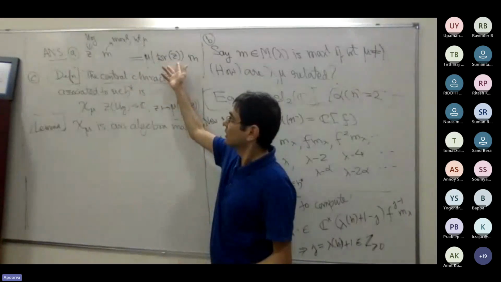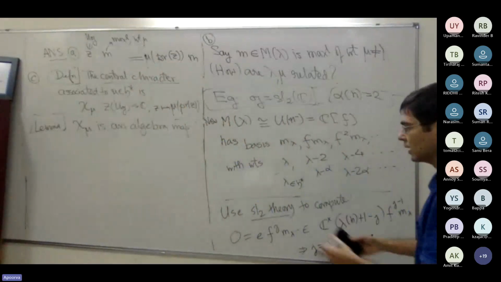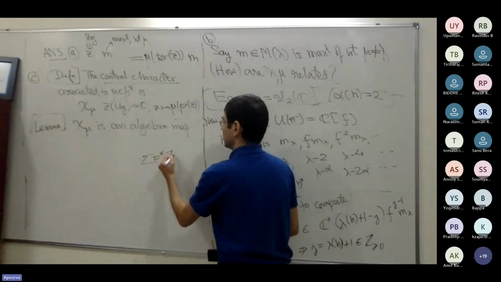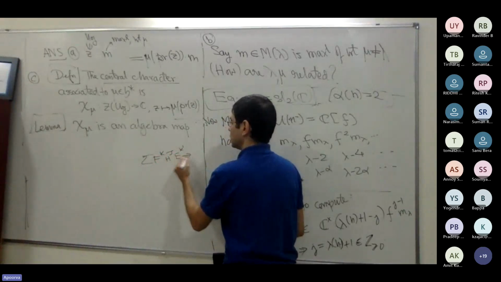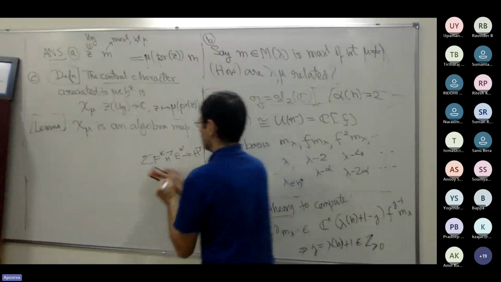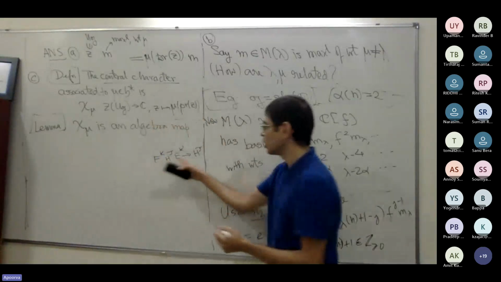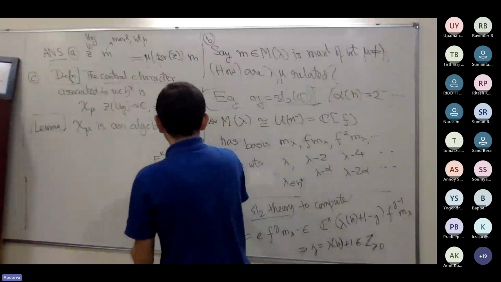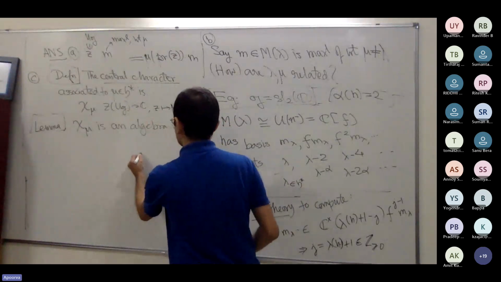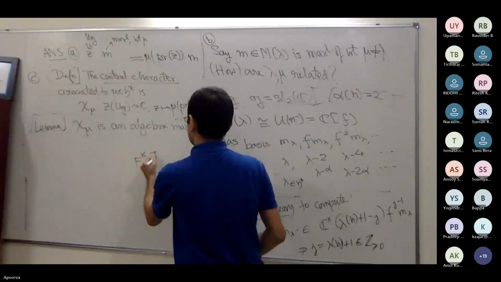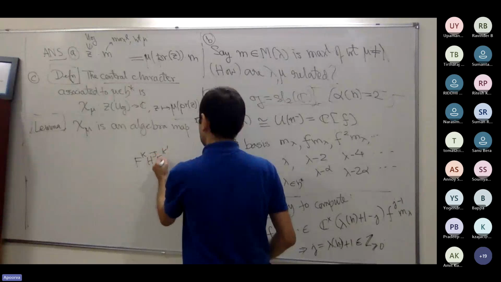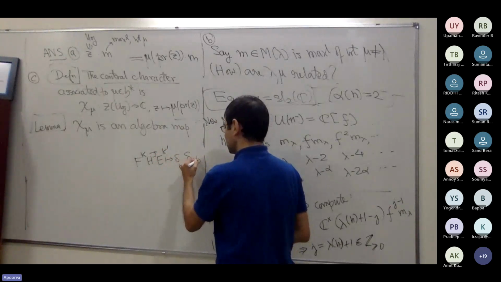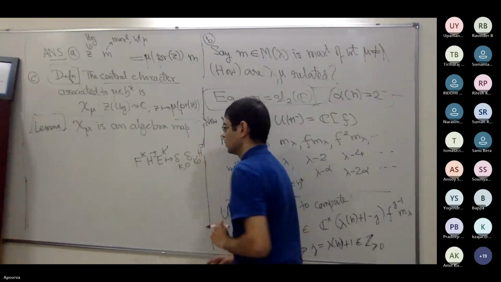The projection was some map that takes a summation, whatever, F^k H_j E^k', to H_j. The projection took this PBW monomial to delta k comma 0, delta k prime comma 0, and then H_j.